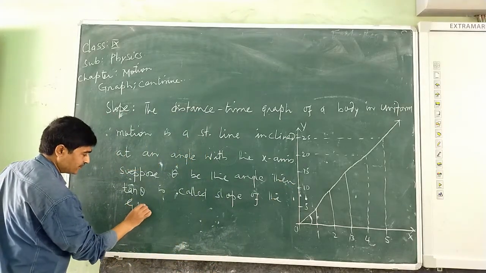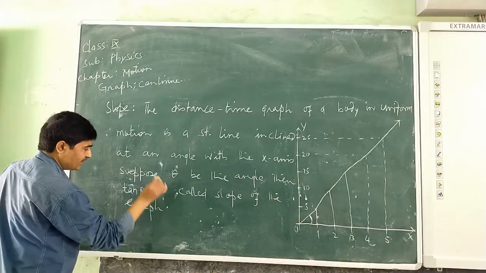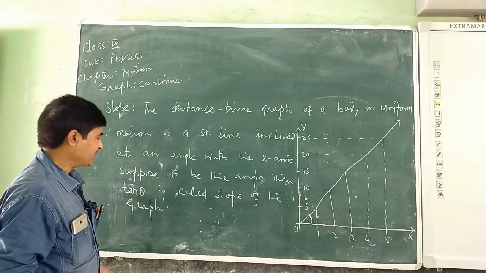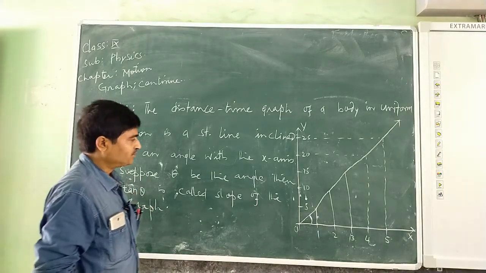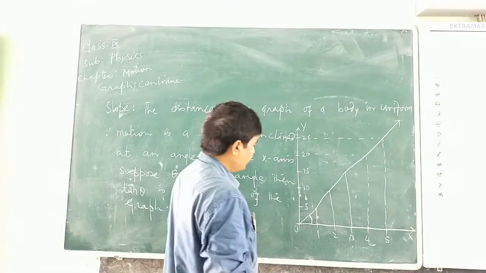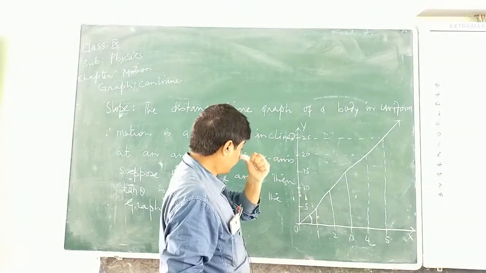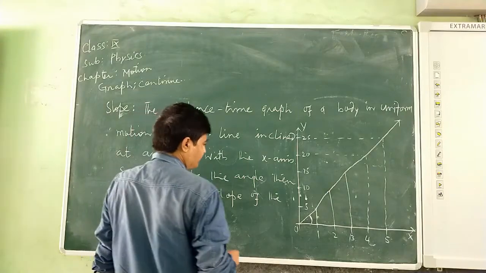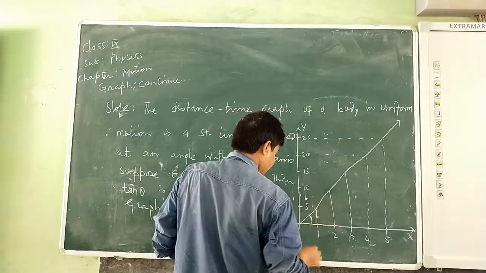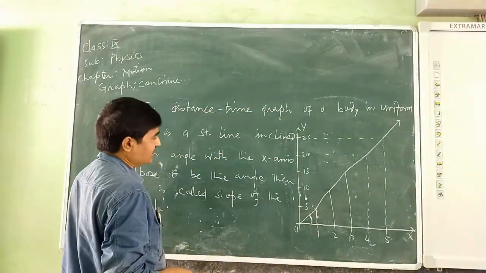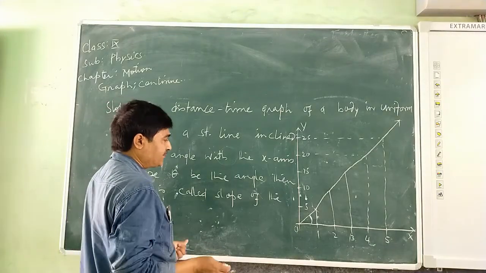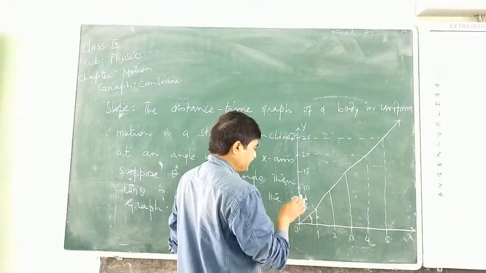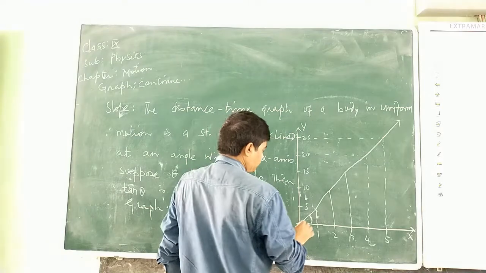Dear students, you are not familiar with trigonometrical terms like tan theta, so for your convenience slope may be defined in another form. The other form is also equal to tan theta, but we have to understand the other form only.